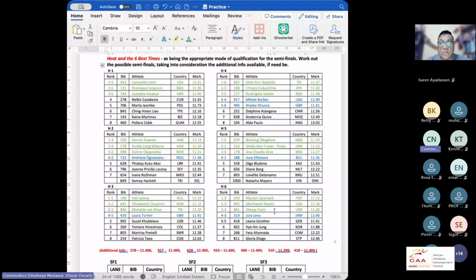On this, the fastest heat winner is between 679, which is 1110, and 189, another 1110. So what happens in this situation?